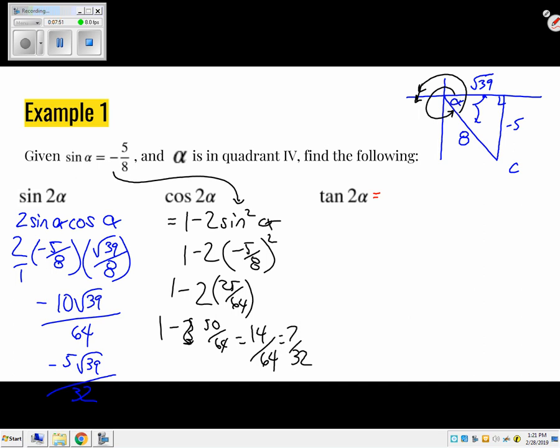Is it 2 tangent alpha? 2 tangent alpha. And again, great news. If I build a problem off of each other, like off of itself like this, you don't have to redraw any triangles. So tangent of alpha.